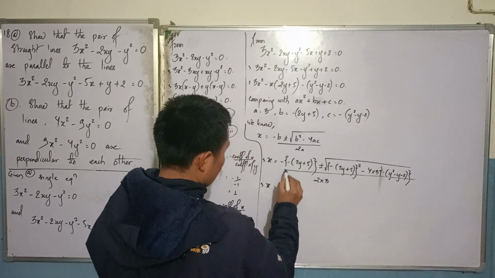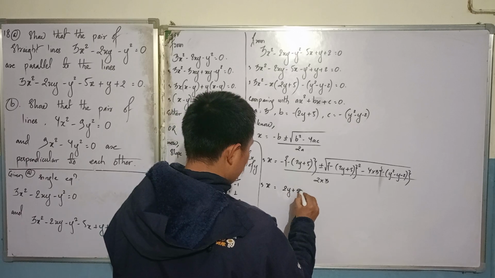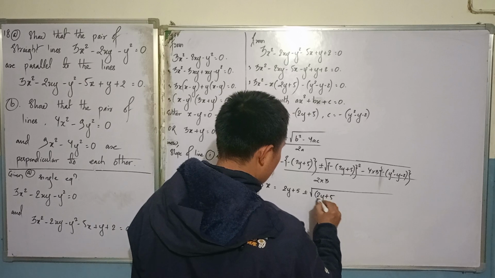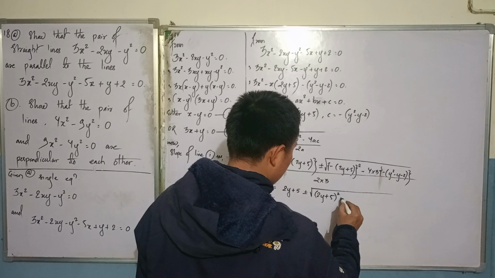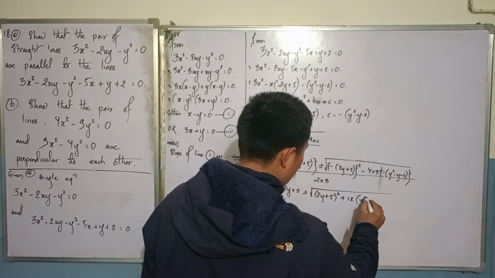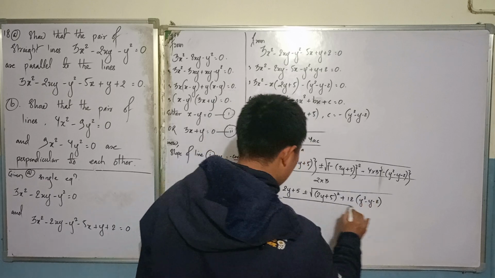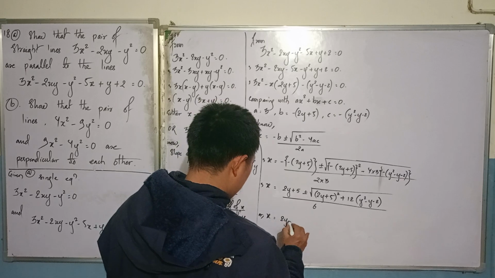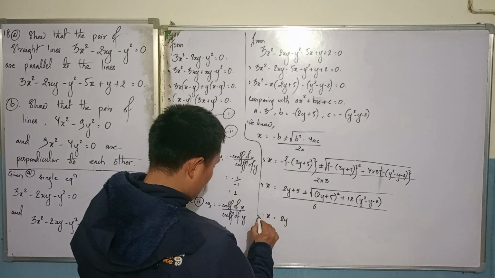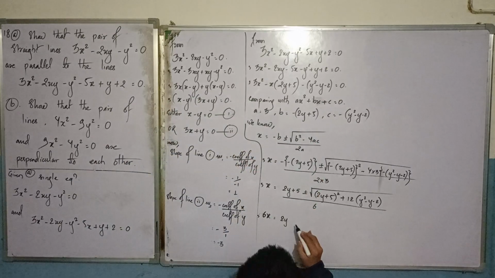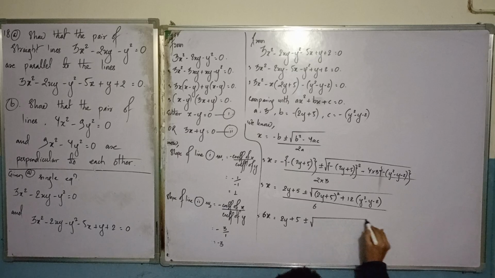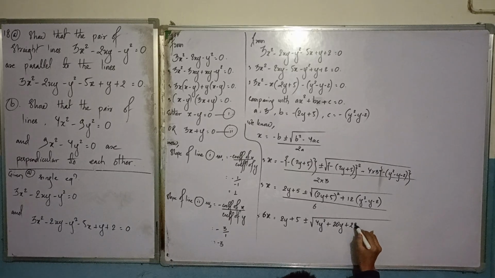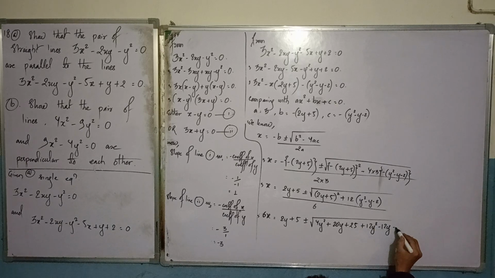Or x is equal to (2y plus 5) plus minus under root, so minus squared that will be positive, (2y plus 5) whole squared plus 4 times 3 is 12, (y squared minus y minus 2), divided by 2 times 3 is 6. So 6x is equal to 2y plus 5 plus minus, just expand this: 4y squared plus 2 times 5 is 10, 20y plus 25, plus 12y squared minus 12y minus 24.